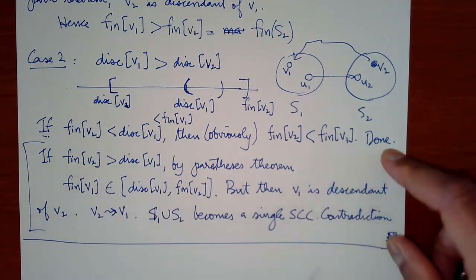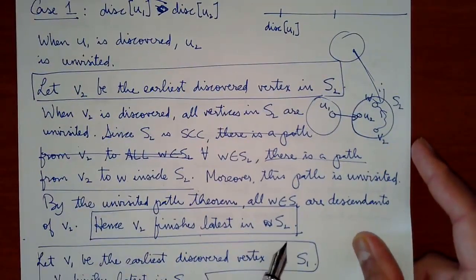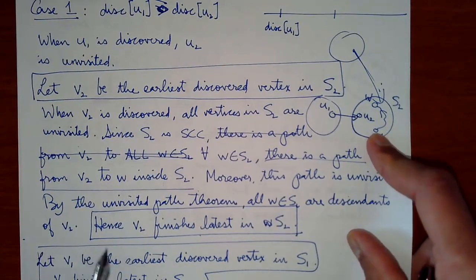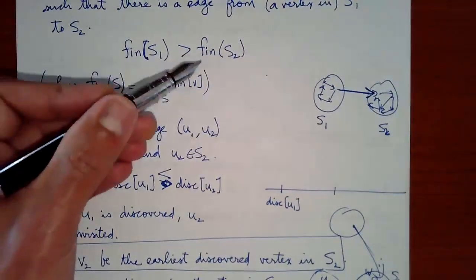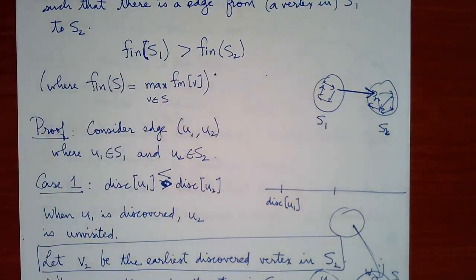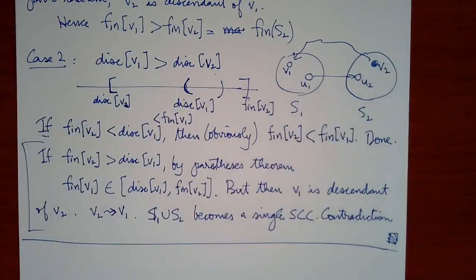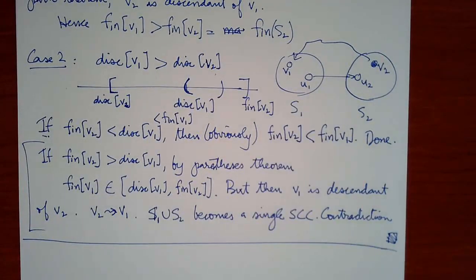I guess you just have to say that we argued that V2 finishes the latest, but we already proved that, and therefore there is a vertex that finishes after all of S2. Therefore, V1 finishes after all of S2. So it's just one more sentence. Is that clear? Okay, good.